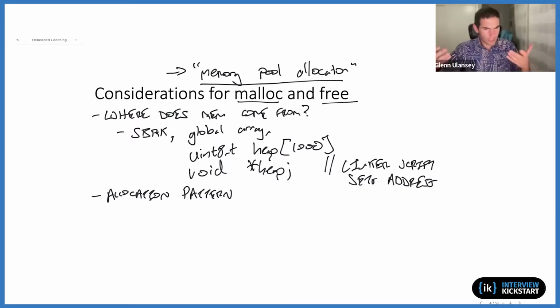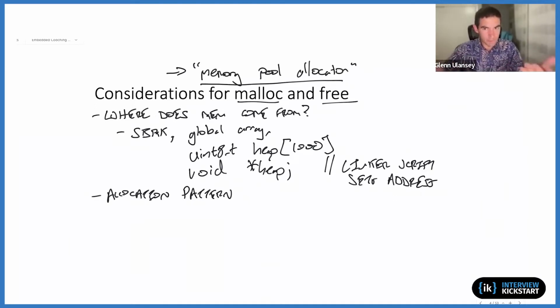So what is this malloc and free going to be used for? Are people only ever going to allocate and never free? Is it completely random in terms of when things are allocated and freed? Are there cycles, like a cycle of many allocations followed by many frees? There's lots of different common allocation patterns in a real world system.